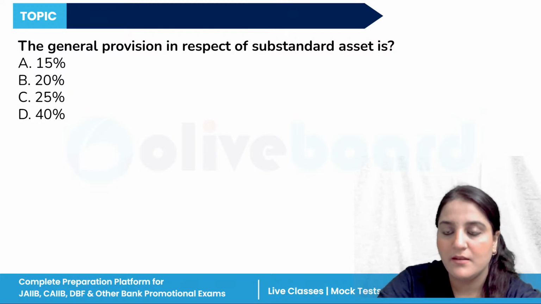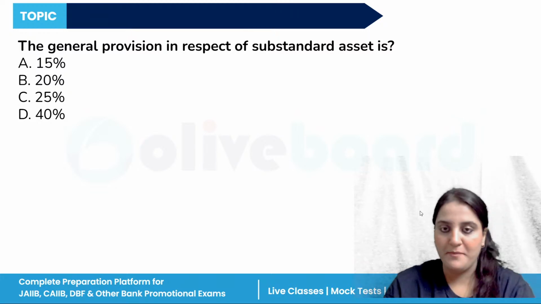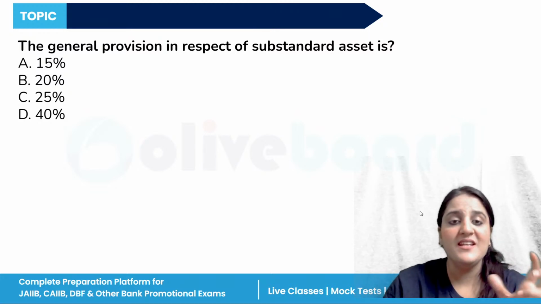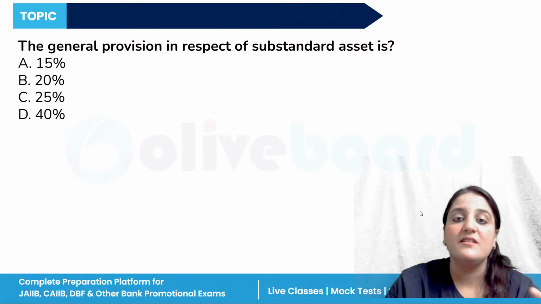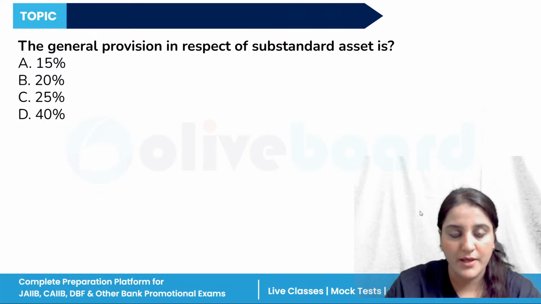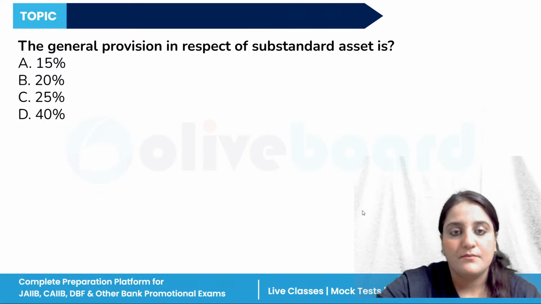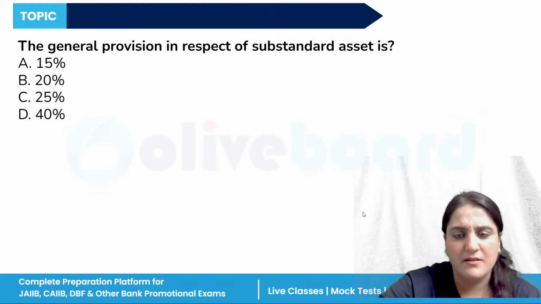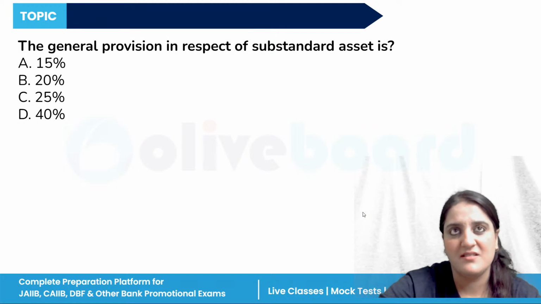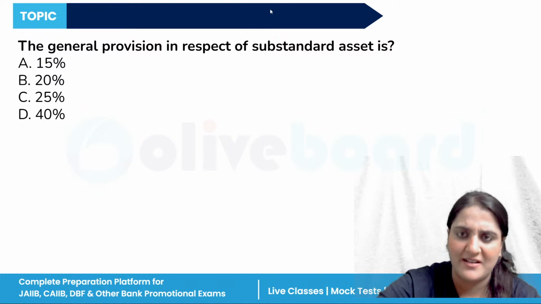A substandard asset is a non-performing asset that has been in that category for less than 12 months. And also we can say doubtful assets are there. Loss assets are loans with losses identified by the bank, auditors, or inspectors.